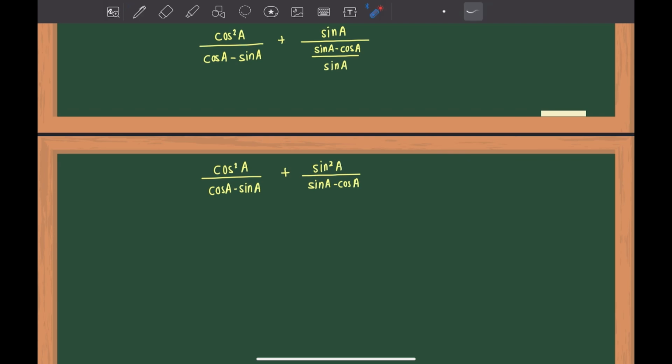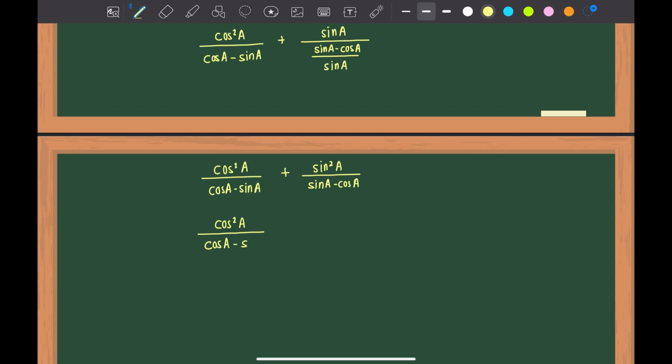The only difference we can see in the denominator is that over here the cos is positive, over here cos is negative, over here sin is positive, over here sin is negative. What we can do is that we can take negative as common over there.